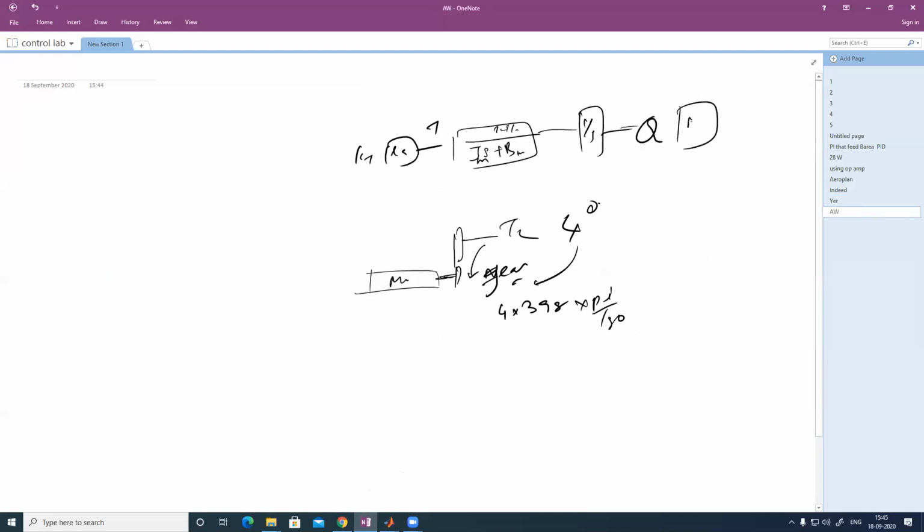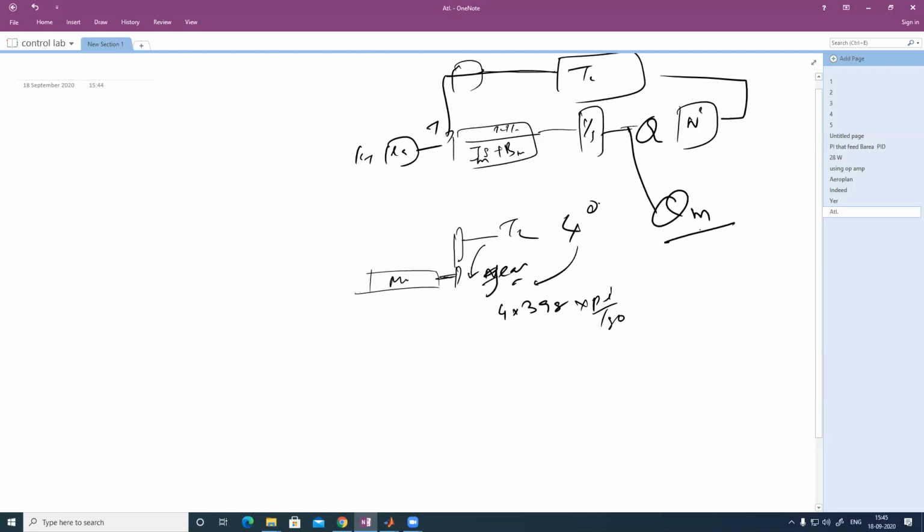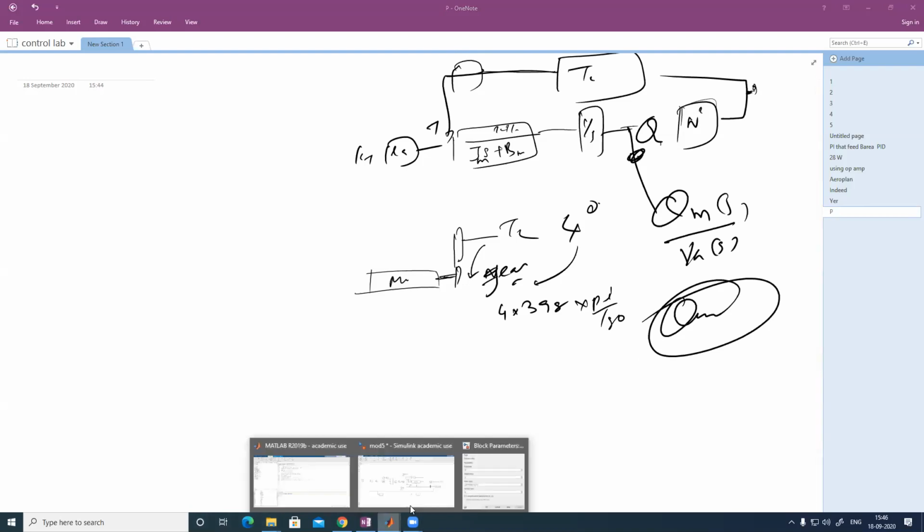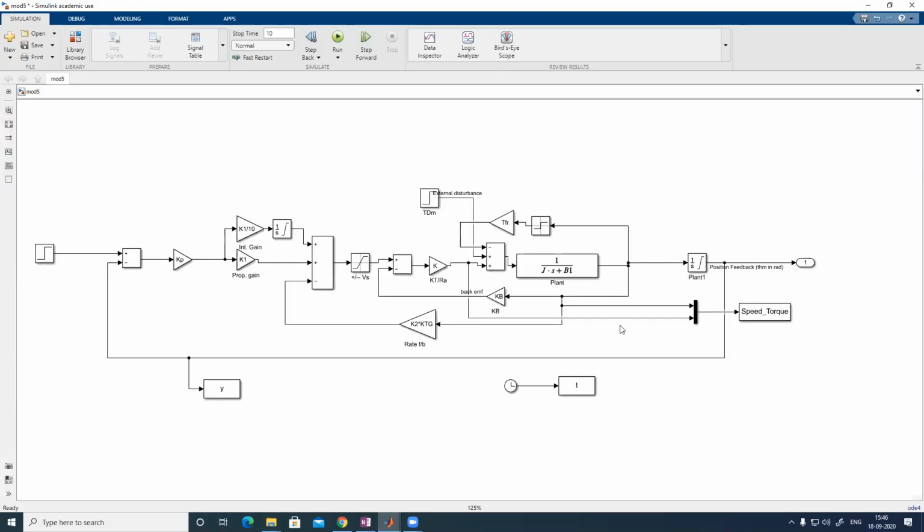This theta n square, that this load dynamic TL again is coming here. So you are taking this transfer function theta m upon this input VA. This point only you are taking, not this load point. You are not taking these things with respect to here. You are taking with respect to theta m. So that is this transfer function.